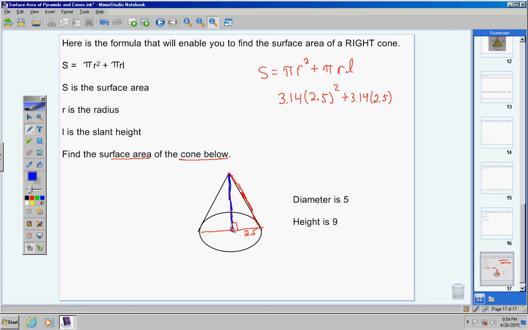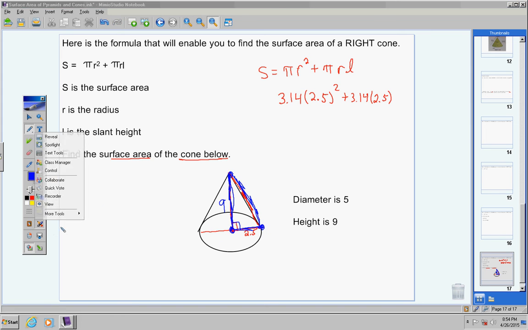I've got a blue right triangle right here. I know this distance from here to here is 2.5, and I know the distance from here down is 9 because they gave that to us right here. So all I have to do is use Pythagorean's theorem, and then I can find this slant height right here.